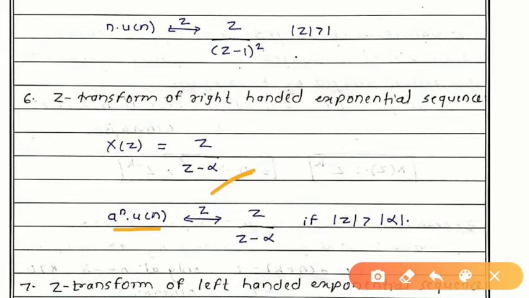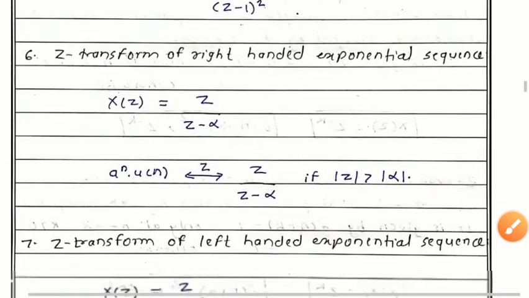It will be very helpful while you are solving examples on the properties of the Z transform, and it will be more clear afterwards. So now you just have to remember the notations of these sequences and their Z transforms.